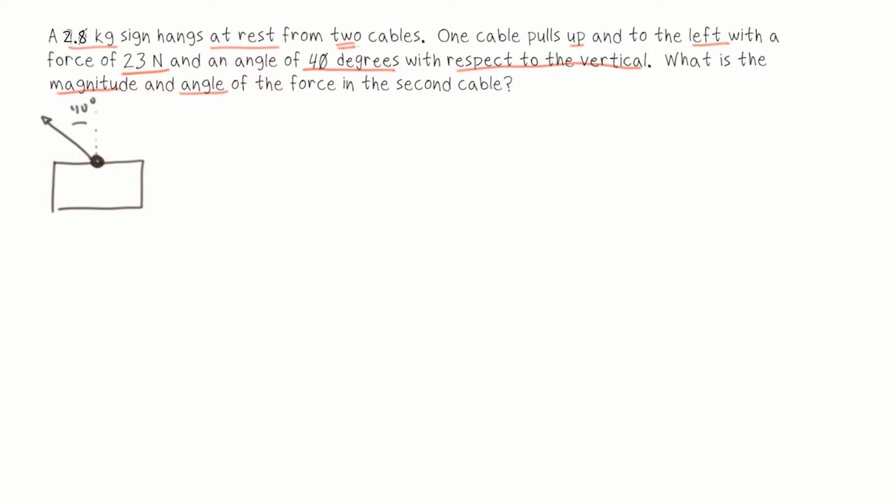And then there's a second cable, and we don't know much about that. We don't know the magnitude. We don't know the angle. So I'm just going to call that T and theta. We don't know anything about it. That's our unknown right now, so we'll give it a little unknown highlight there.